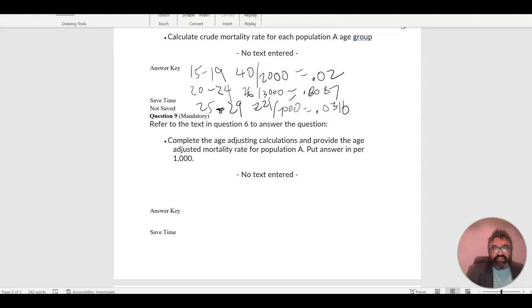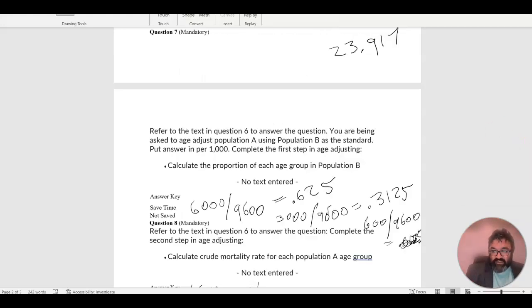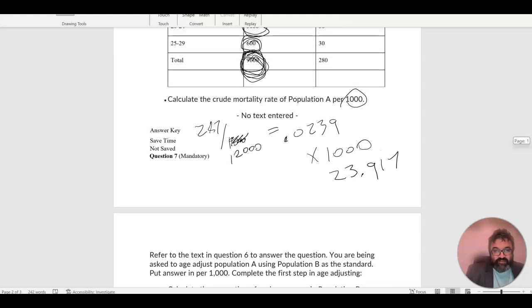So now we're getting into the interesting part, because now you're combining the previous steps to answer this question. The question is asking for the age-adjusting calculations and the age-adjusted mortality rate for population A. The age-adjusting calculation means you take the numbers from the previous steps and apply them.